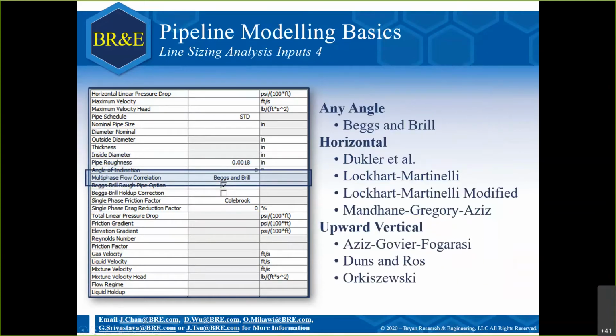And finally, we have a wide array of multi-phase flow correlations to choose from. By default, you'll be seeing we use Beggs and Brill since it works with any angle. But if you want one that's more specific to your application, you have a lot of them to choose from, with their different ways of being established to begin with, as well as different requirements.